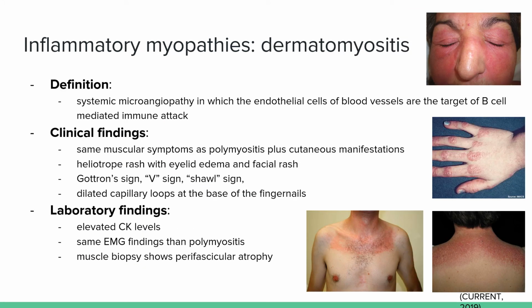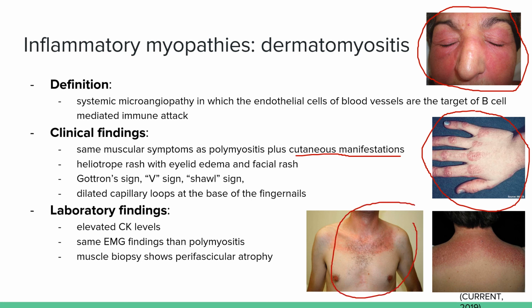Dermatomyositis is a systemic microangiopathy in which the endothelial cells of blood vessels are targeted because of a B-cell mediated immune attack. The clinical findings are the same muscular symptoms that we see in polymyositis plus cutaneous manifestations. We see a heliotrope rash with eyelid edema and facial rash, like we see in this image. There is Gottron sign, like we see in this image, V sign in this image, and Shawl sign in this image.